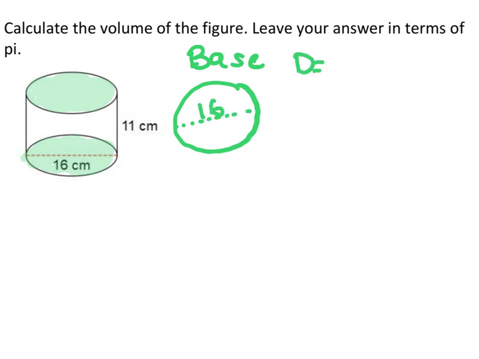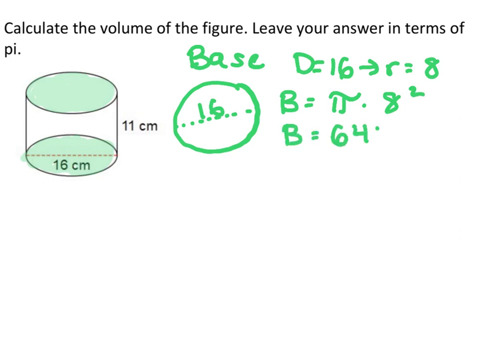So since the diameter is 16, I can simplify that to find that my radius is 8. So the area of the base is pi times the radius squared. So the area of the base is 64 pi.